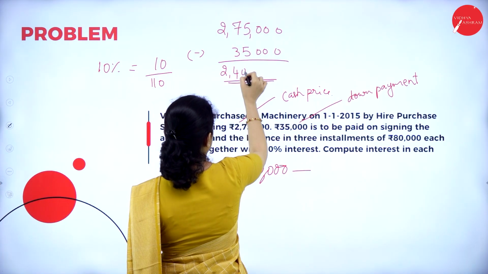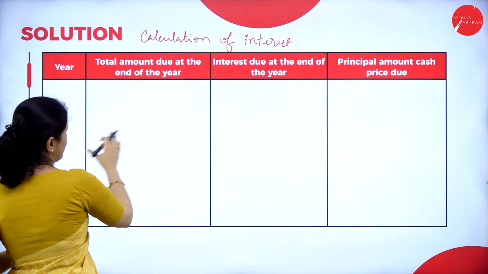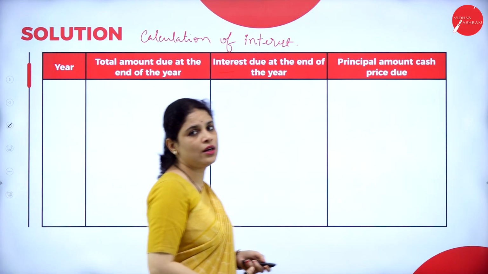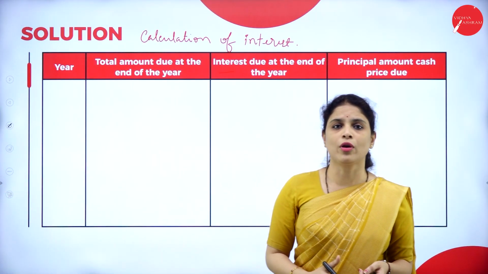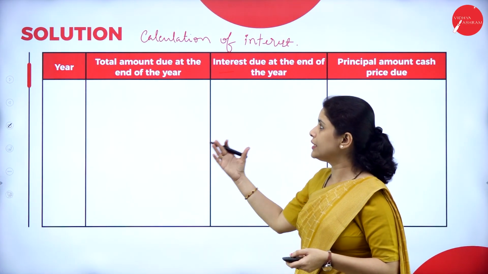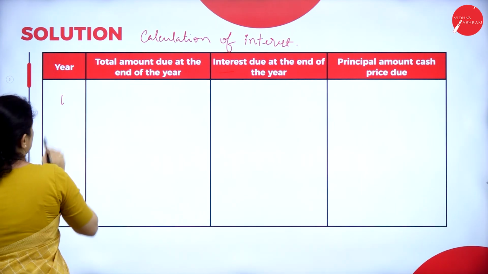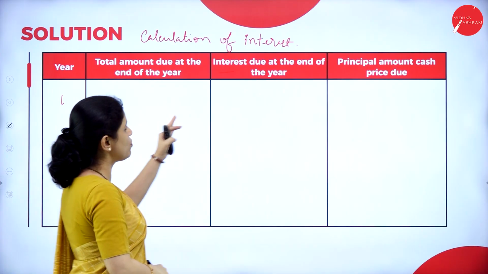Remaining amount is 2,40,000. Okay, let us do. So we have to make the columns or table. So to solve the problem on hire purchase system, we should always do the table for calculating the cash price or rate of interest. We have to start it with the first year.